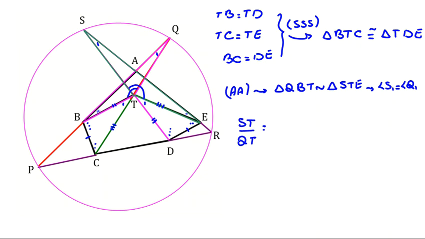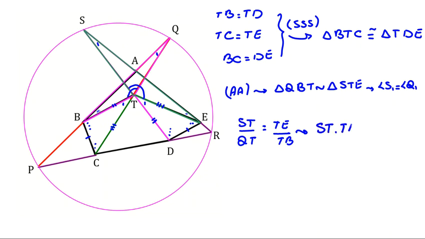Okay, so here, ST over QT, we can consider TE over TB. Q1 sees TB. And you can also write the other side, but let's consider from this part.